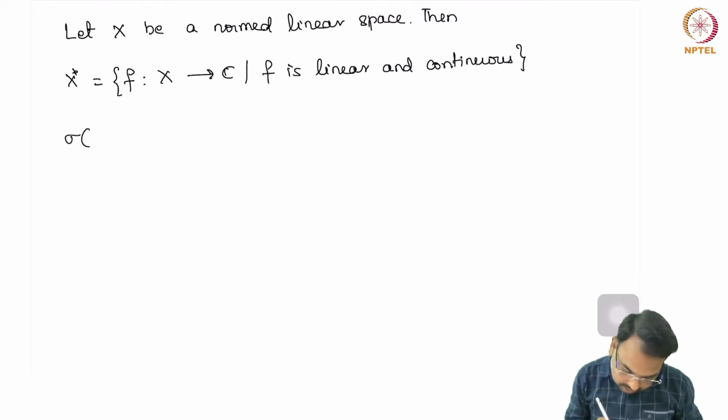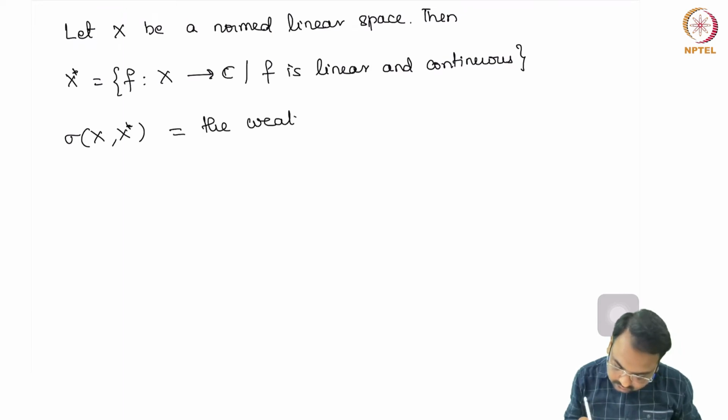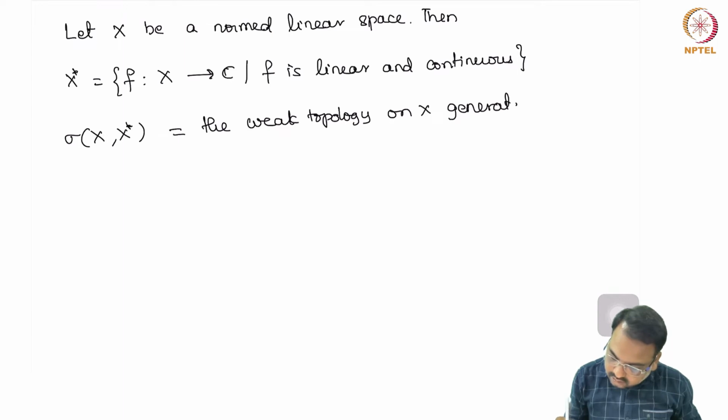So that is, sigma(X, X star) is the weak topology on X generated by X star.